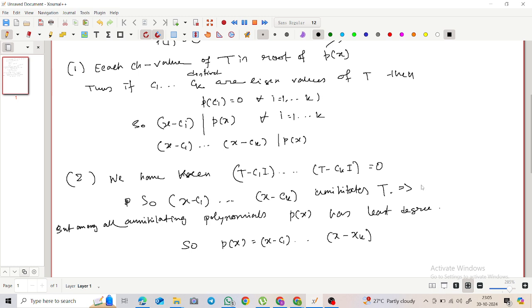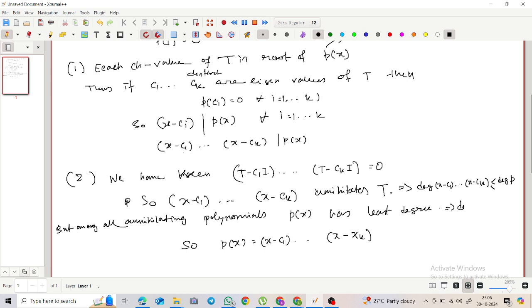This implies, what does this imply? Degree of (x minus C1) to (x minus Ck) is less than or equal to deg P, isn't it? Because this product divides P(x), no? So degree of this has to be less than degree of P. Least degree.